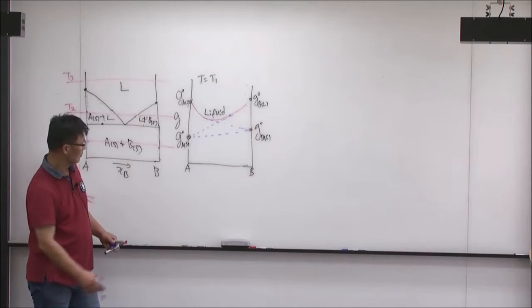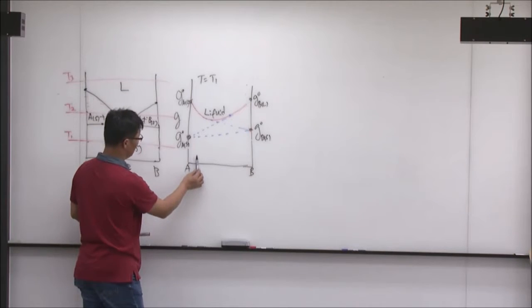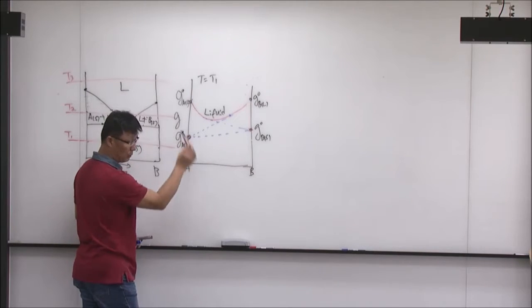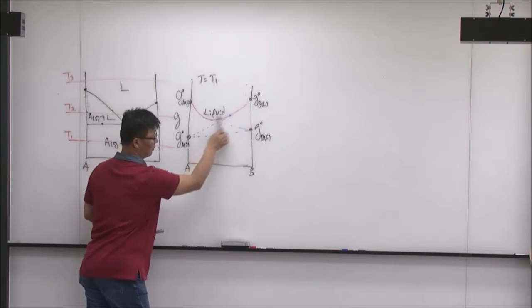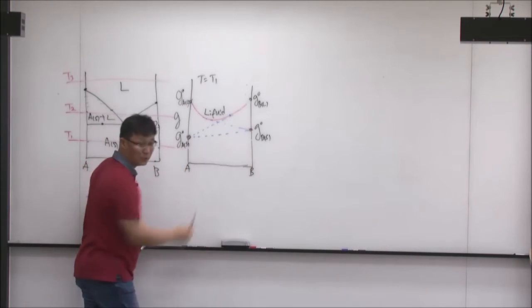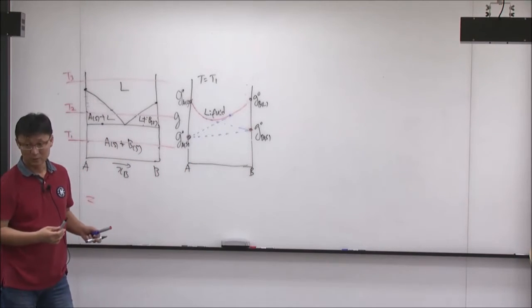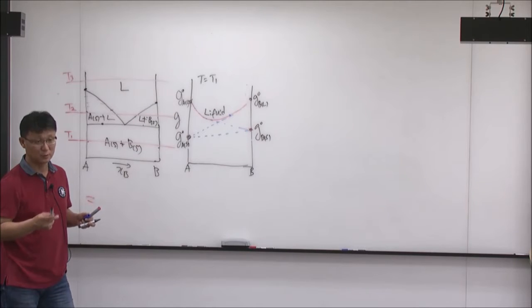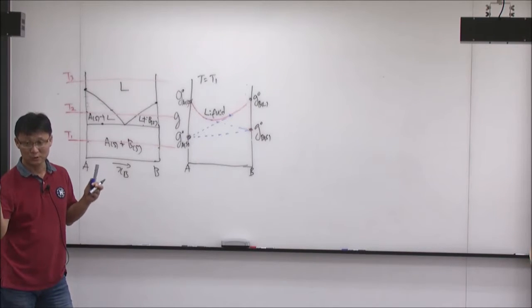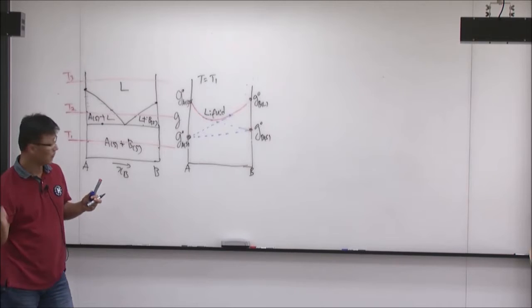So if you talk about a single phase, liquid is always stable over the entire range, except for pure A and pure B. Yeah? However, because there are common tangent lines, we have to consider the possibility of two-phase existence.